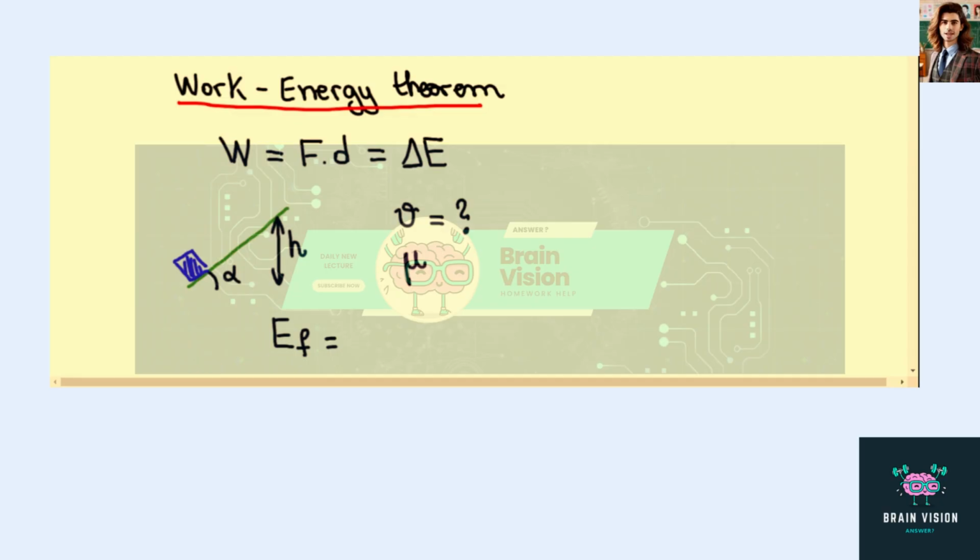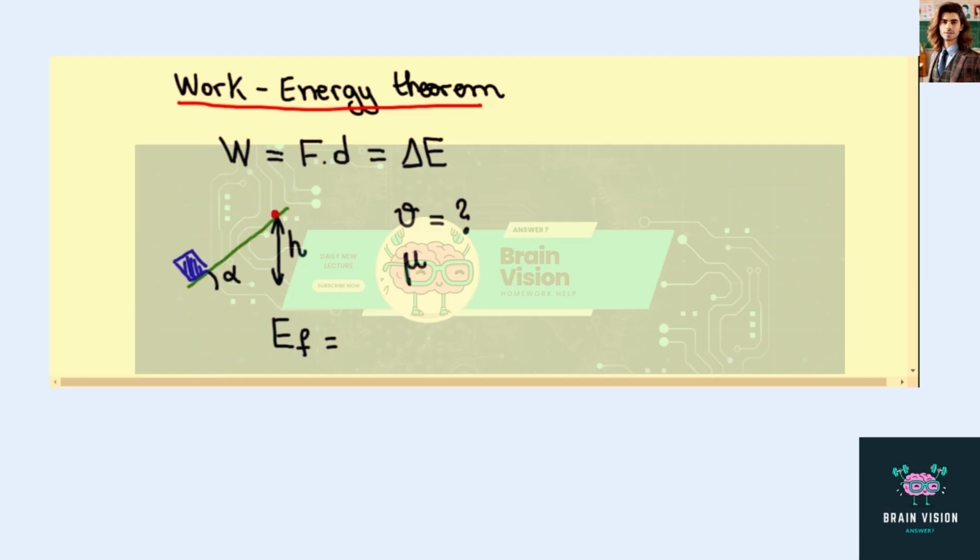Now notice that the final energy of the block is just the gravitational potential energy at this point here, because it must reach the skier with no speed, so there's no kinetic energy.